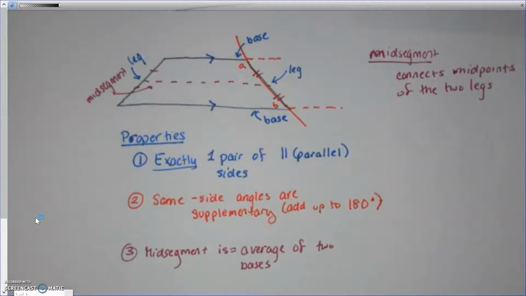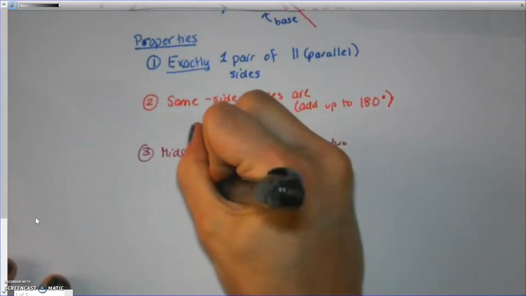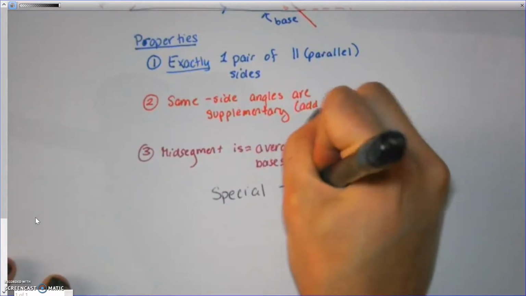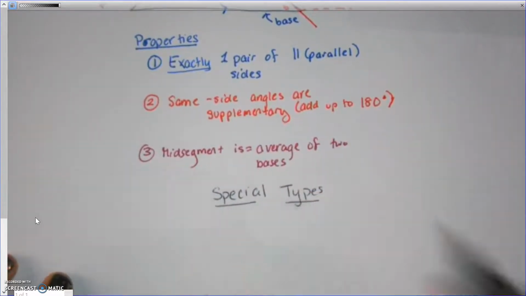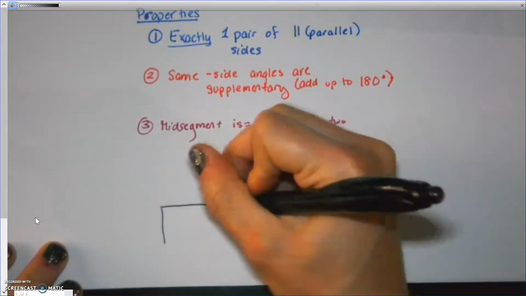Now, trapezoids do have two special types that we want to consider. Our first special type is going to look like this.